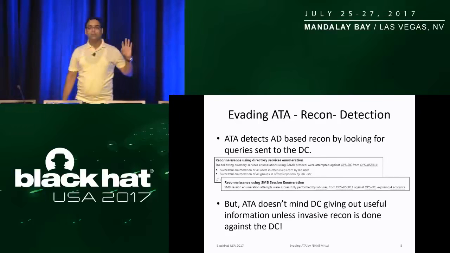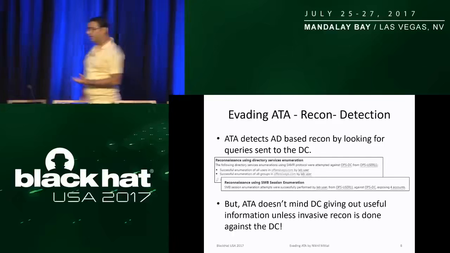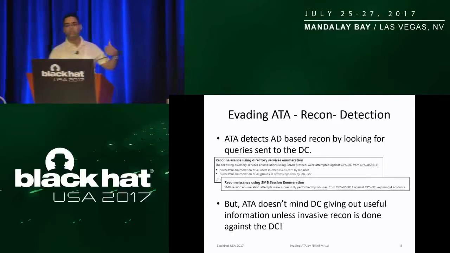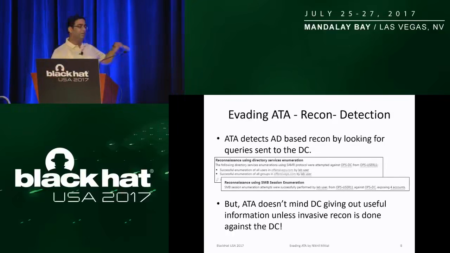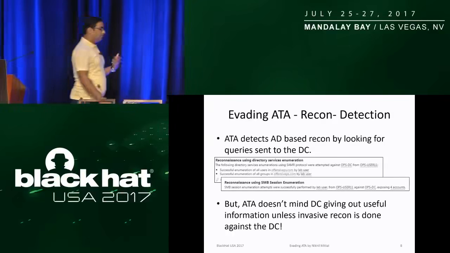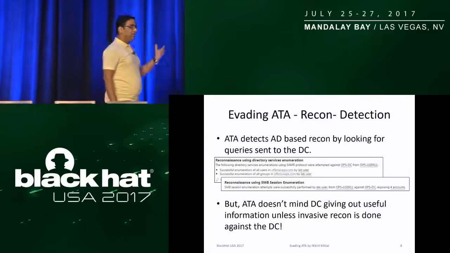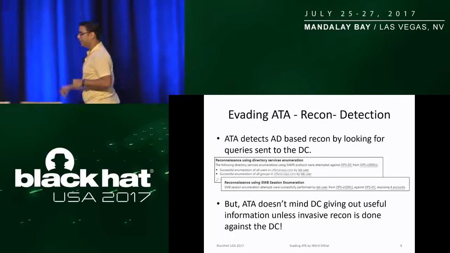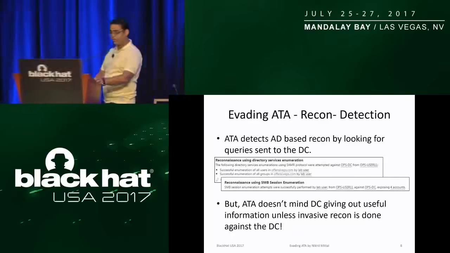I mean, getting your recon detected is fine as long as you are not dealing with an organization which takes its security really seriously. Later on, when we have a look at the console, you will see that not only is this detected, or let me show you that right away.